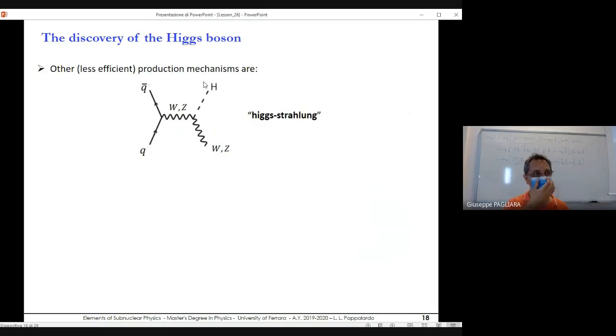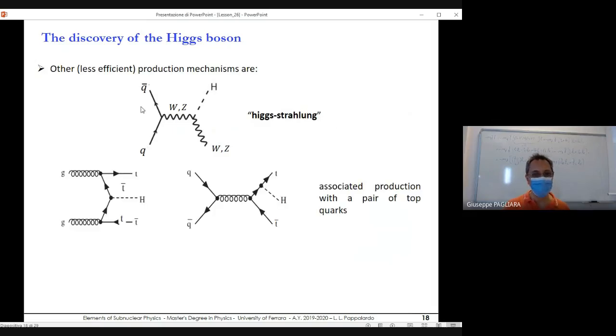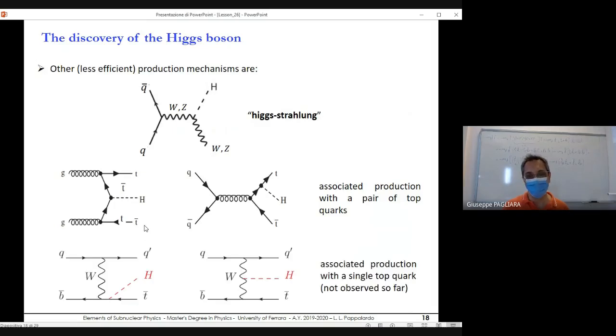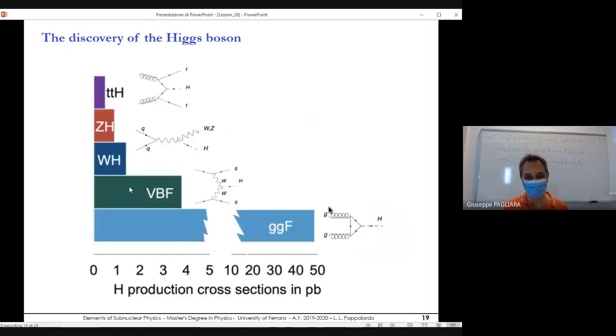This was the most efficient process at LEP. Another process is the associated production of the Higgs with a pair of top quarks, and this has also been observed at the Large Hadron Collider. Finally, another process is the associated production with a single top quark, but this has not been discovered yet. People are searching for this channel, but it's not discovered.